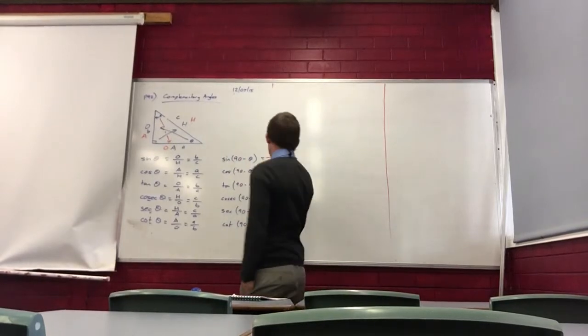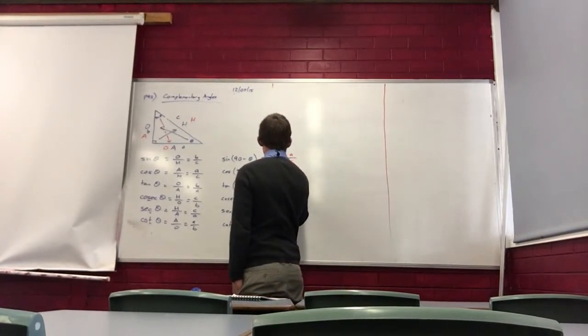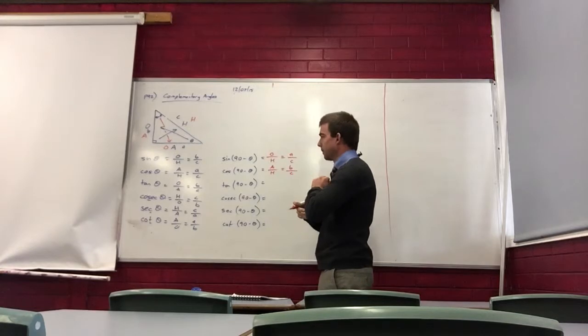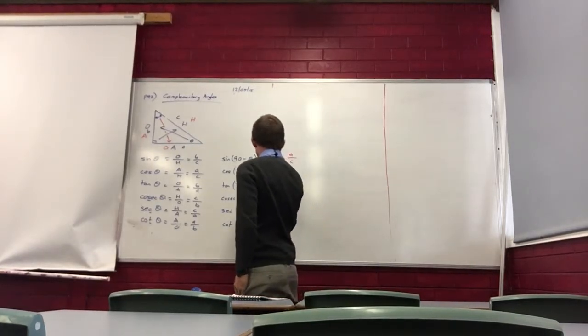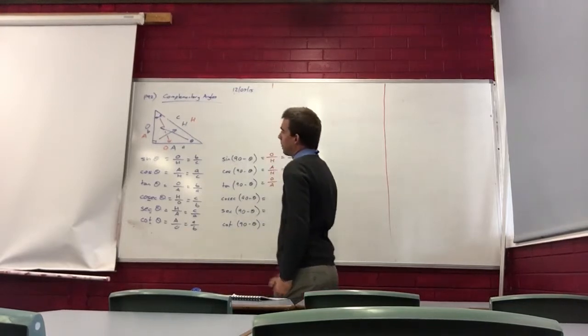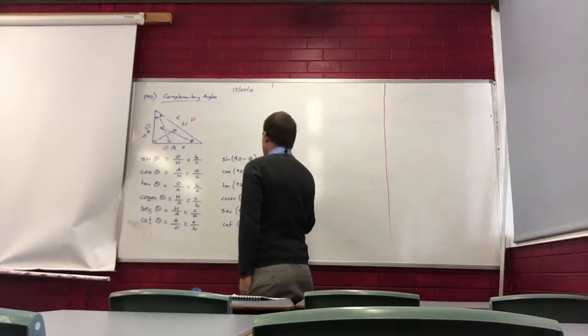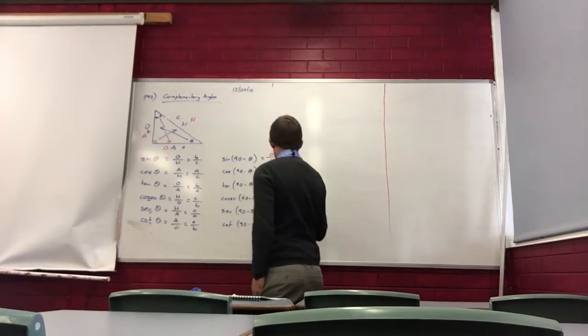Now looking at the red, it is now equal to B over C. Tan is opposite over adjacent, and looking at the red, the opposite is B and the adjacent is A.